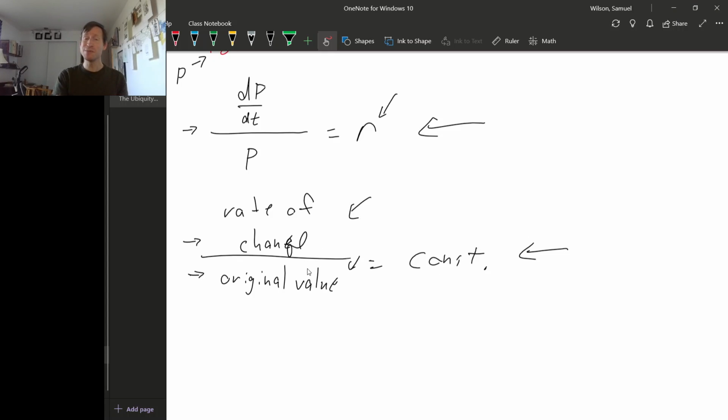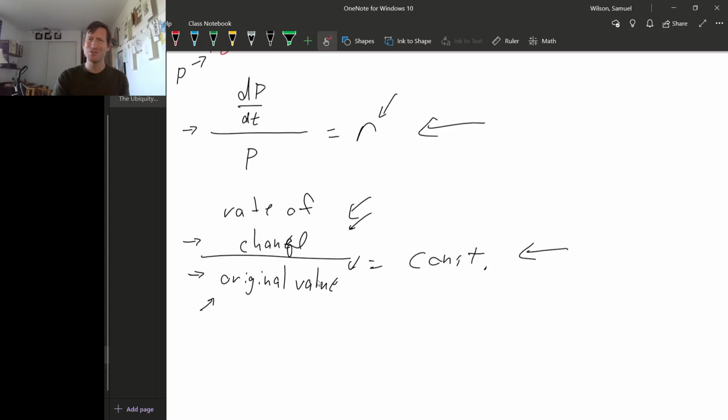This also makes sense for radioactive decay, because if you take the rate of change of the number of radioactive atoms divided by the original value, what you're really measuring is the probability that any single radioactive atom will decay in one time period.